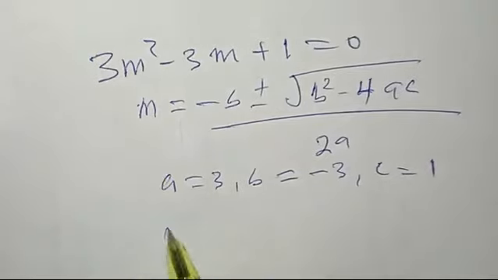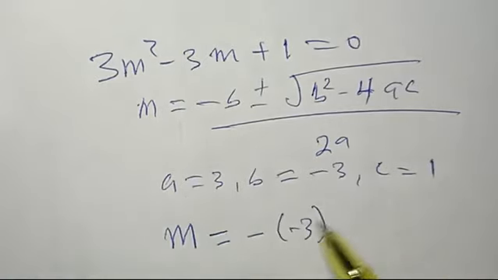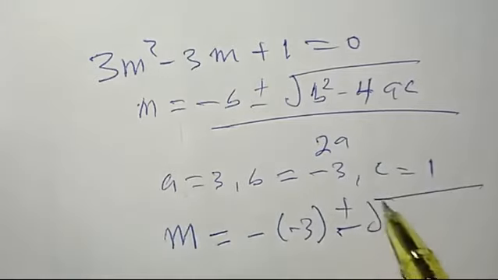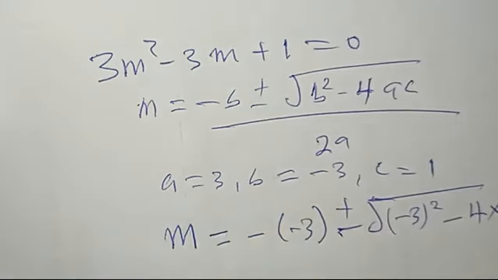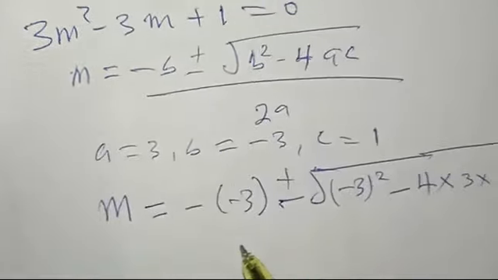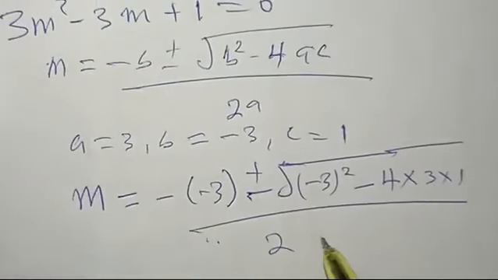Okay, so therefore our m is now equal to minus b, minus minus 3, plus or minus the square root of minus 3 squared, and then minus 4 times a, which is 3, and then times c, which is 1, and it is all divided by 2 times 1.